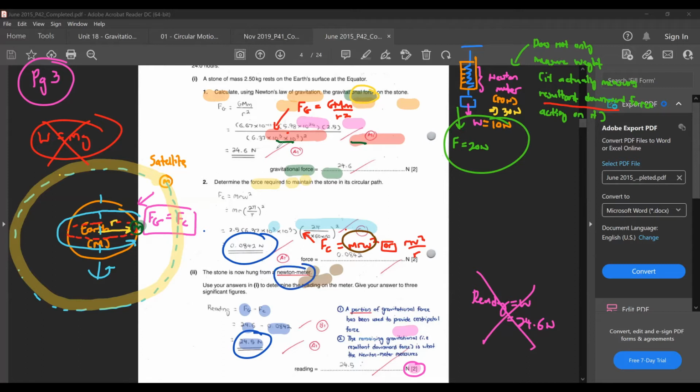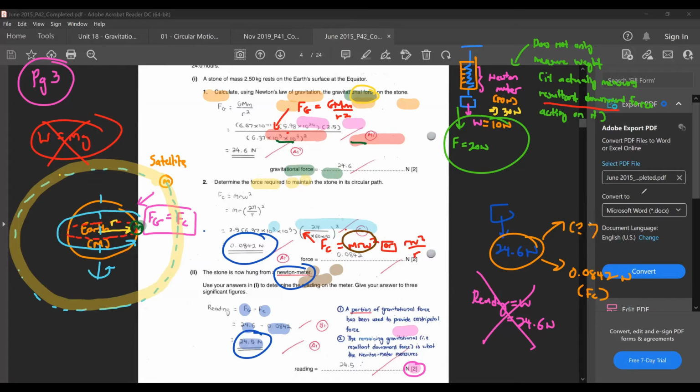The thing now is that you originally had a gravitational force of say 24.6 Newton. But part of this force actually went into centripetal force. You cannot measure centripetal force directly using a Newton meter. So there's a balance remaining.